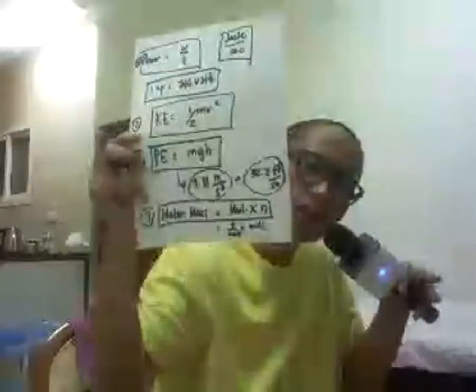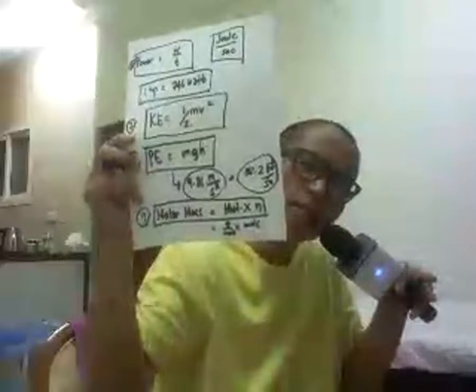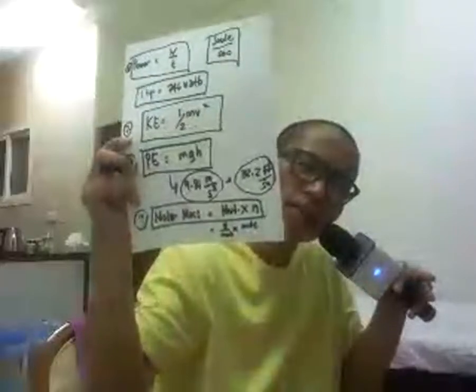If you multiply this by mole, the moles cancel out. What is left is gram. That's why it's called molar mass, because the moles are used to produce a unit of gram.